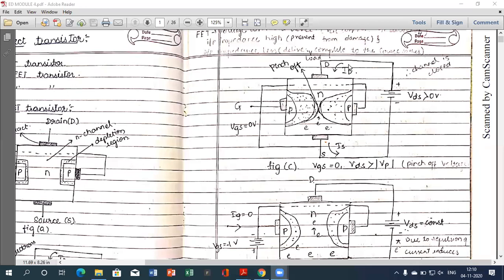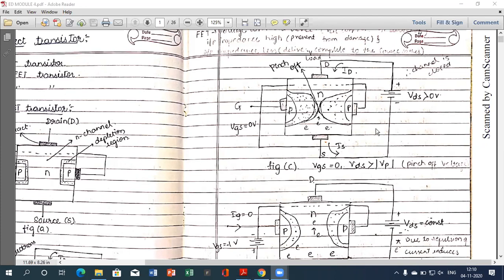We call it IDSS. When the maximum current is reached and VDS equals VP, that is the pinch-off voltage, the depletion layers between the PN junctions touch each other and block the channel. Therefore, the maximum current IDSS will get saturated and remain constant. So this is what happens for figure C in the second condition.